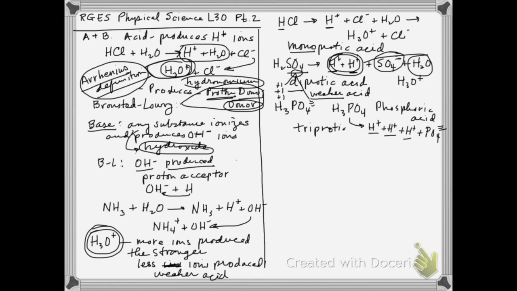Now that's a little new stuff there about naming some of these acids in terms of their potential to ionize, right? But let's now look at some of the bases. And a base, remember, is producing OH minus, the hydroxide ions, right? So let's take 3 bases.